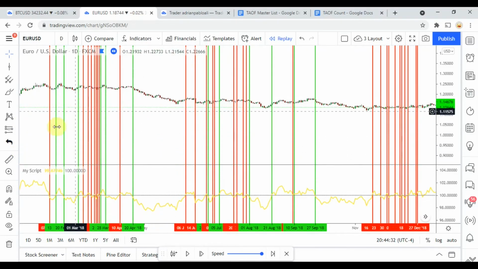Sorry, not strategies, signals. And we have 12 winning trades. And so that's definitely not going to meet the 60% criteria.